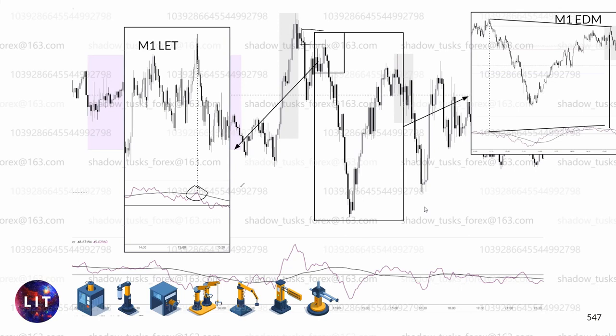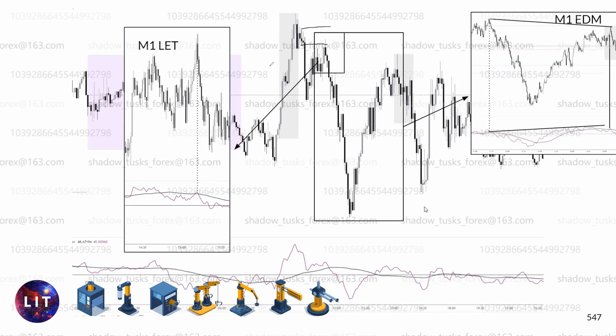You shouldn't just be blindly taking random M5 lets. No, it's an additional confluence. It's not the reason.